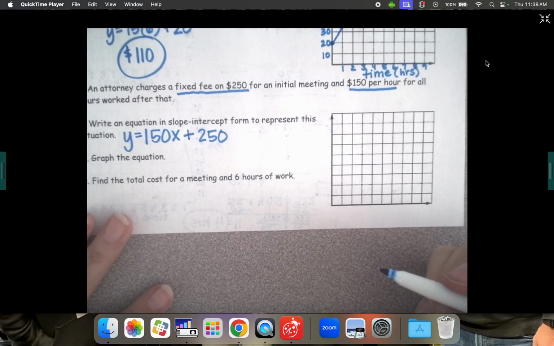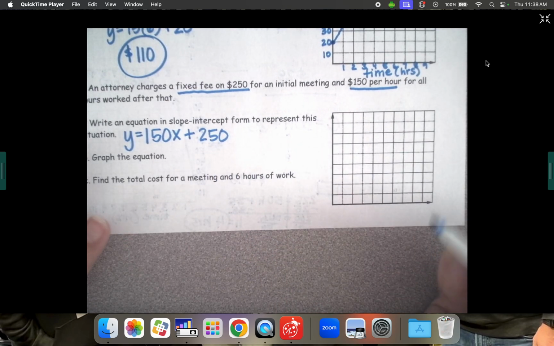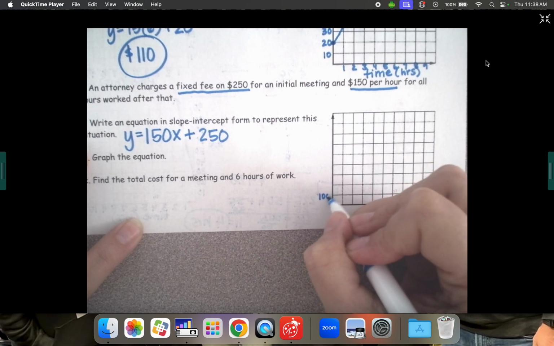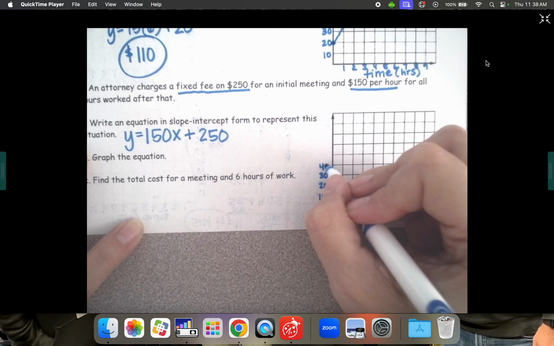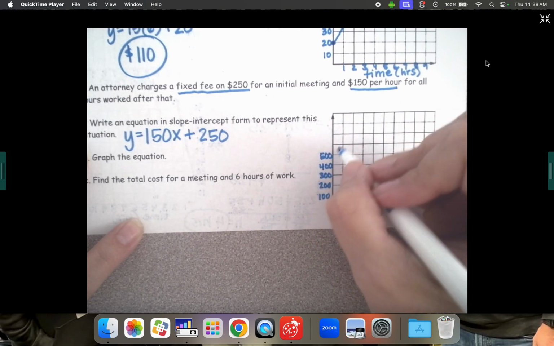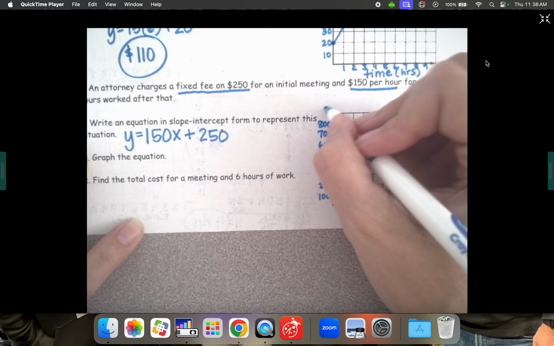Let's count by, like, I don't know, should we count by maybe hundreds? Let's try that. Let's count by 100, 200, 300, $400, 500, 600, 700, 800, 900.